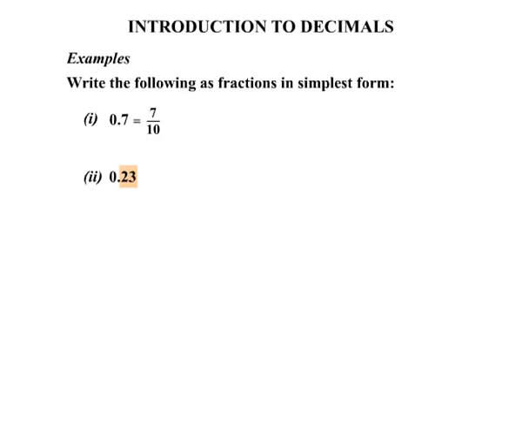Well, there are two decimal places, so it will be over 100. And we have 23 over 100. 0.037. In this case, there are 3 decimal places, so we put it over 1000, and we have 37 over 1000.